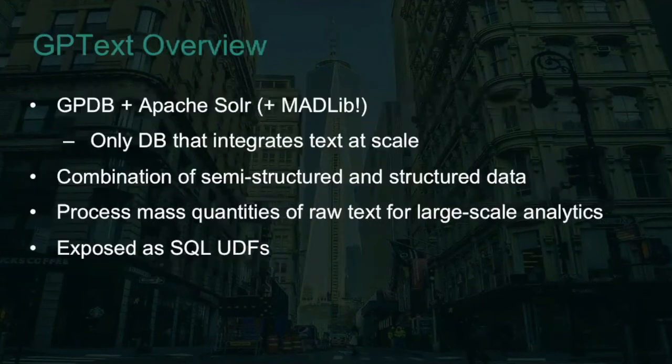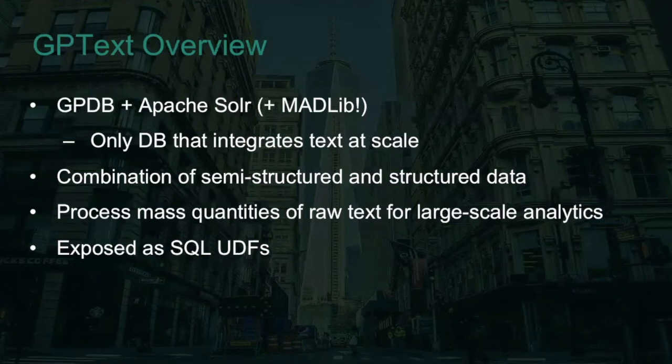So what we ended up doing was building GPText. GPText essentially combines Greenplum Database with Apache Solr, and by extension, we have to offer some integrations with MADlib, which I'll talk about later. It's the only database that actually integrates text at scale. What we do is we can actually combine semi-structured and structured data and index it and search through it using the Apache Solr libraries, and we can process these massive quantities of raw text for large-scale analytics using Solr and MADlib.